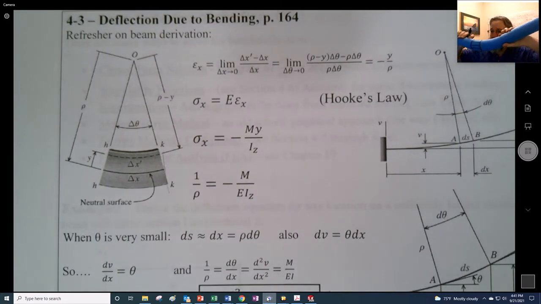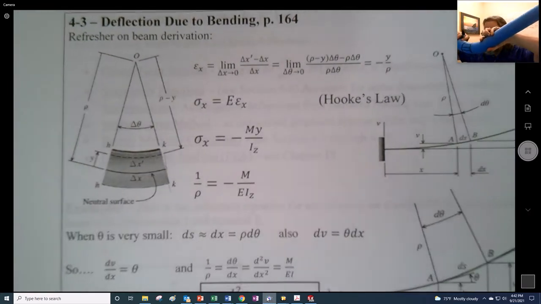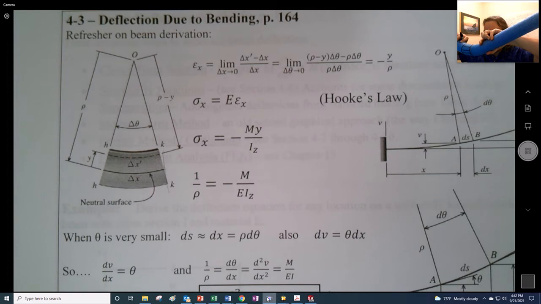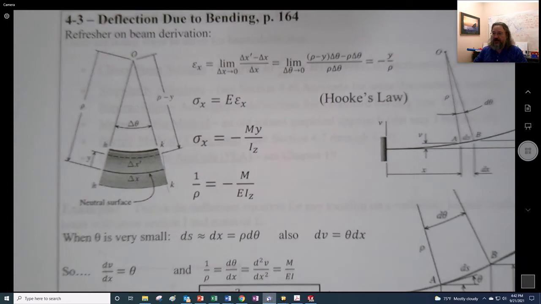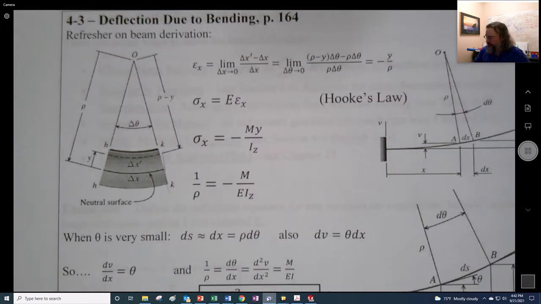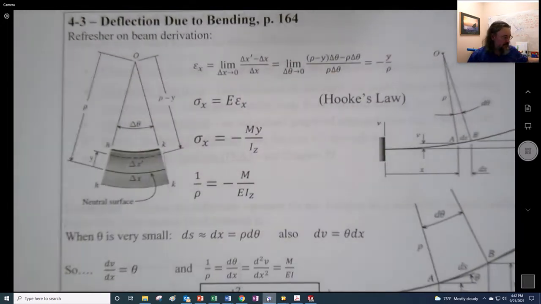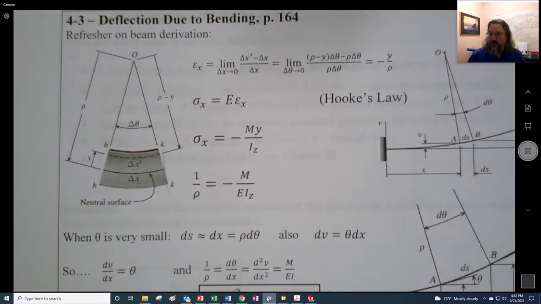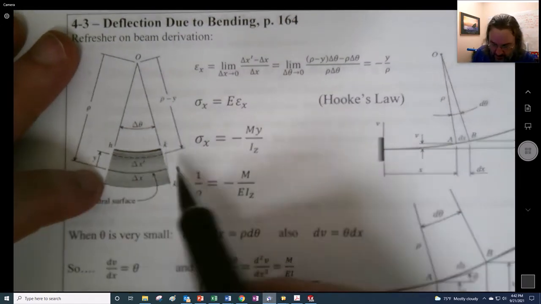As I come up like this, and I don't think I can prove this to you, the top one gets shorter, the middle one stays the same, and the bottom one gets longer. So we have compressive strain on the top and tensile strain on the bottom, and the one in the middle is going to remain the same original length.